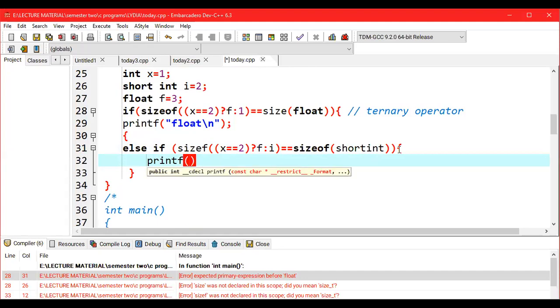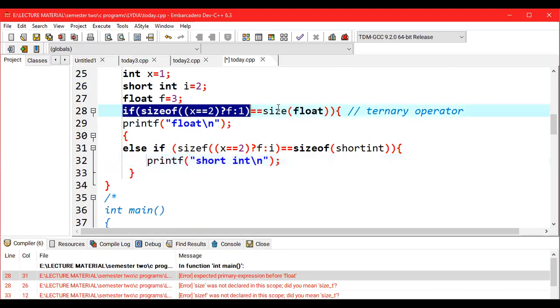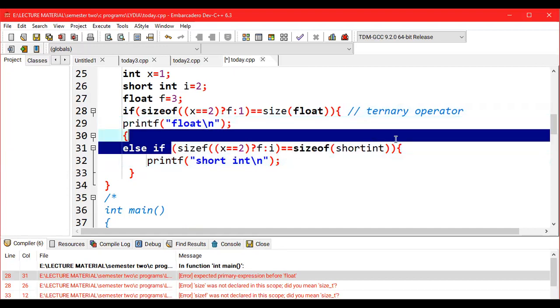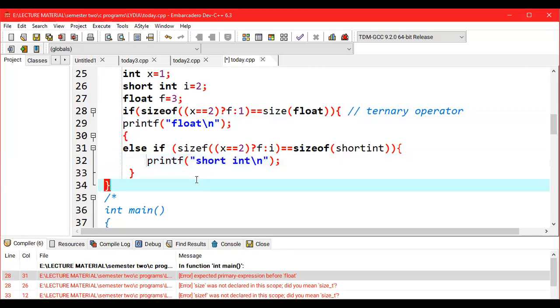They want me to print that the short int is n. So for this command, they want you to evaluate this equation, and if it is true, print it's a float. Else, evaluate it and print that it is a short int. So this is just like an if else statement.